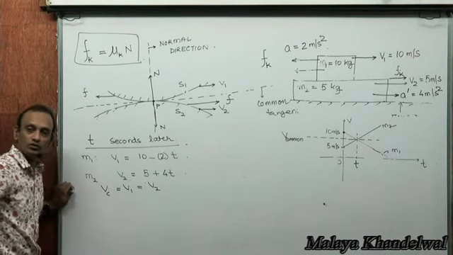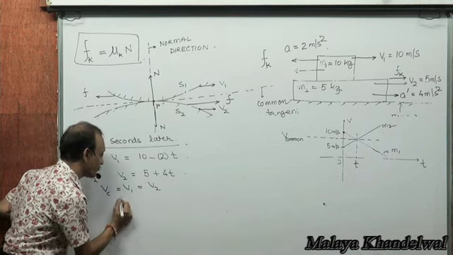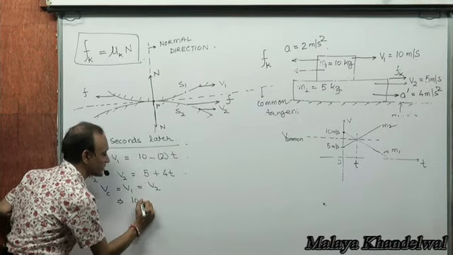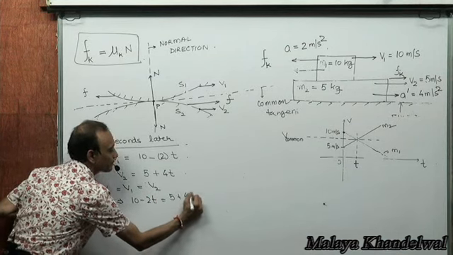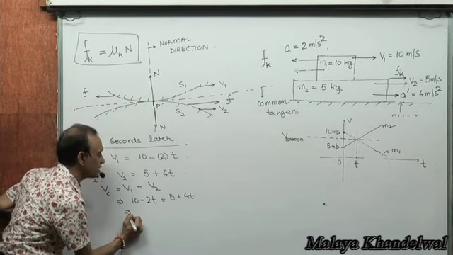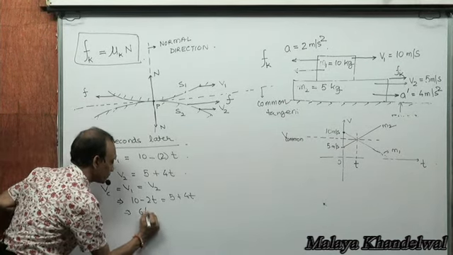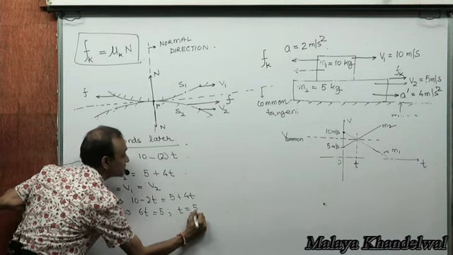Let's say at what instant of time their velocities would be the same. So 10 minus 2t equals 5 plus 4t, so that gives me 6t equal to 5, or t equal to 5 by 6 of a second.